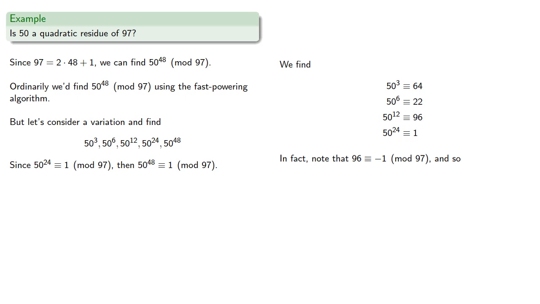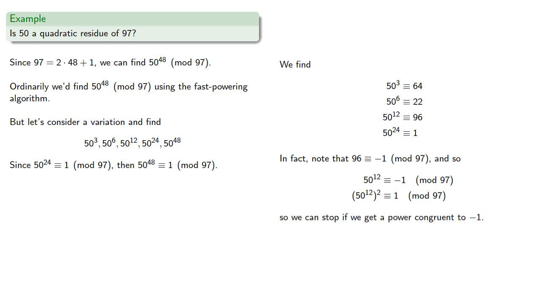So when we found 50 to the 12th was congruent to 96, that's really congruent to negative 1. So when we square it, we're going to get 1. And what this means is we can stop if we get a power congruent to negative 1. But again, since 50 to the 48th is congruent to 1 mod 97, that tells us that 50 is a quadratic residue of 97.